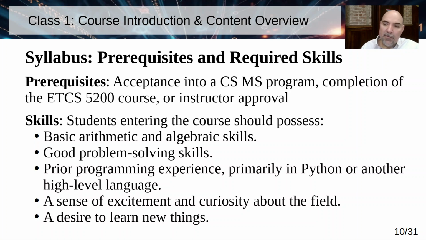Now, same kind of prerequisites and skills that we had last time, although you should have completed the ETCS5201 course or have instructor approval. It's not absolutely necessary that you've completed that course to be successful in this one. In other words, we are covering different topics in this class.